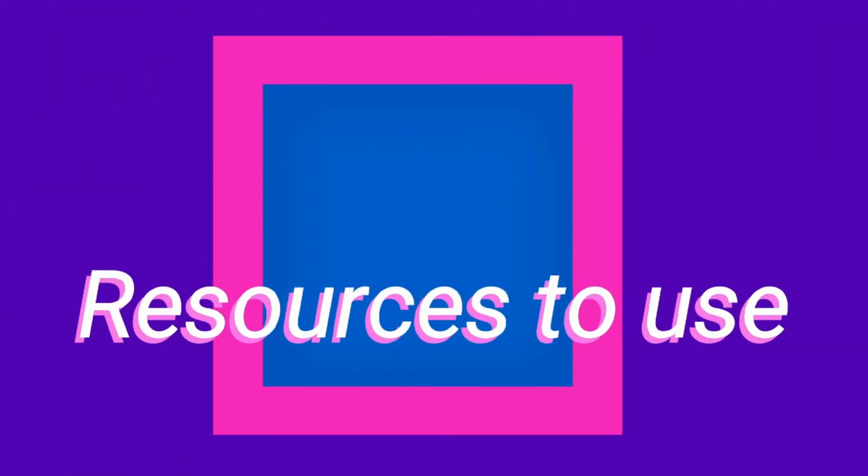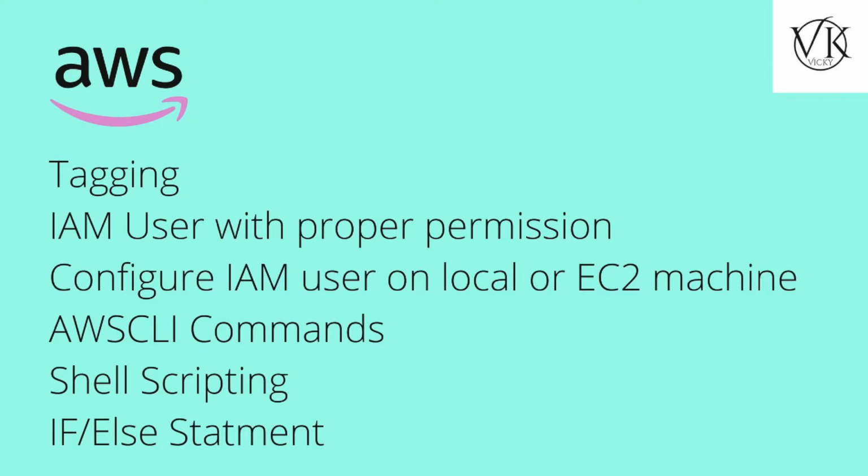Let's talk about the resources we require for this demo. We need information on tagging, what exactly tagging is, which I have already explained. We need to configure an IAM user with proper permission.